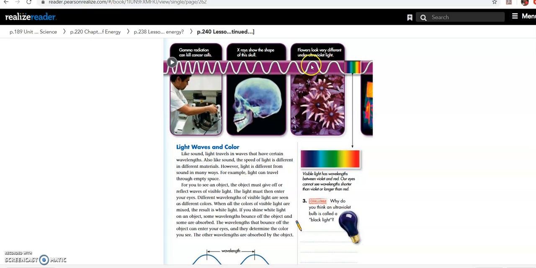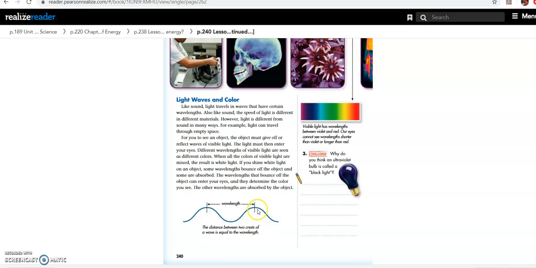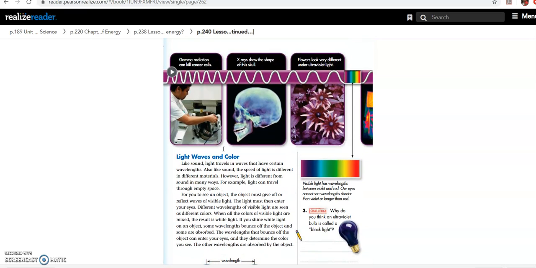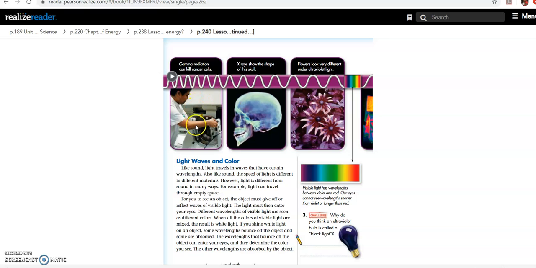And we still have wavelengths and amplitudes and crests and troughs. As you can see, wavelength. And it goes around page 240 to page 241.